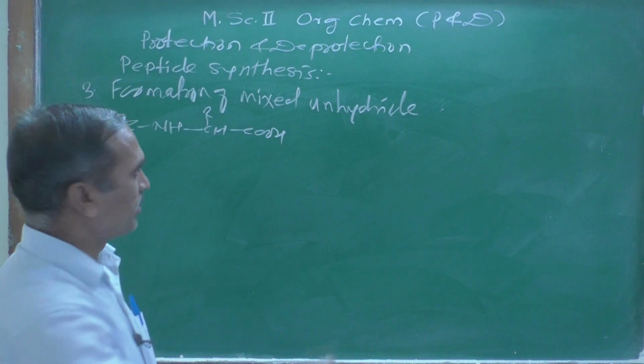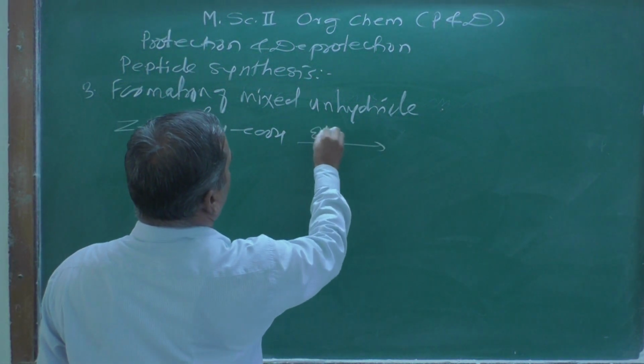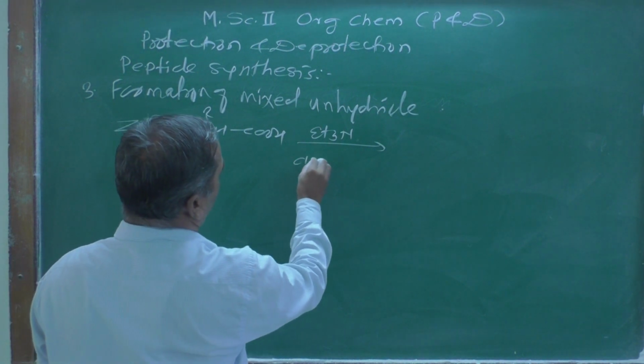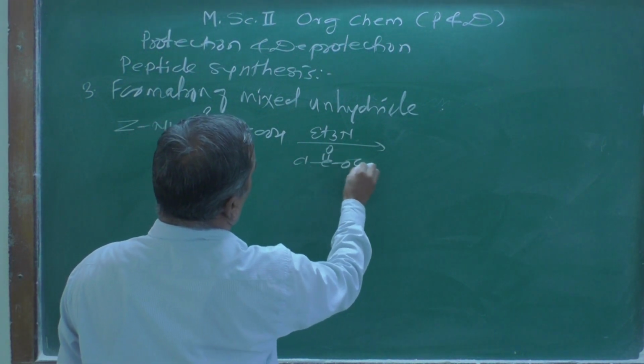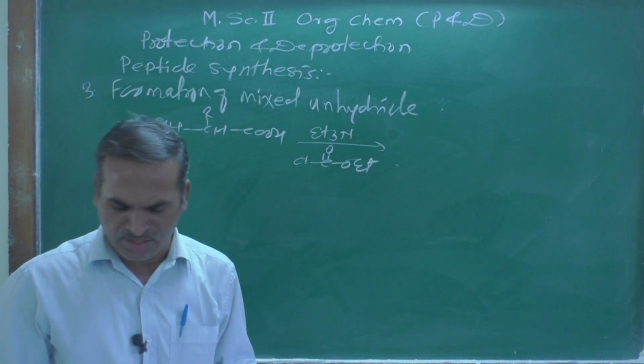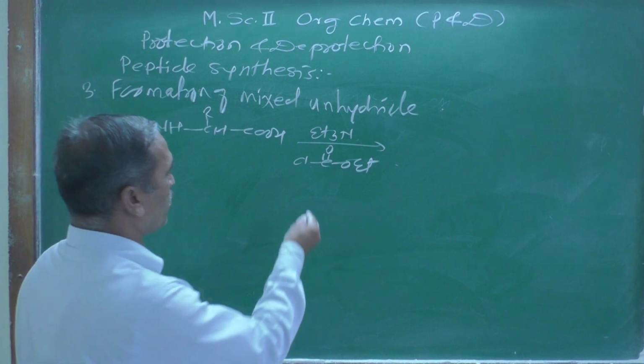Now it will be treated with Et3N, triethylamine, in presence of Cl, C double bond O, OEt. The name of this reagent is ethyl chloroformate.